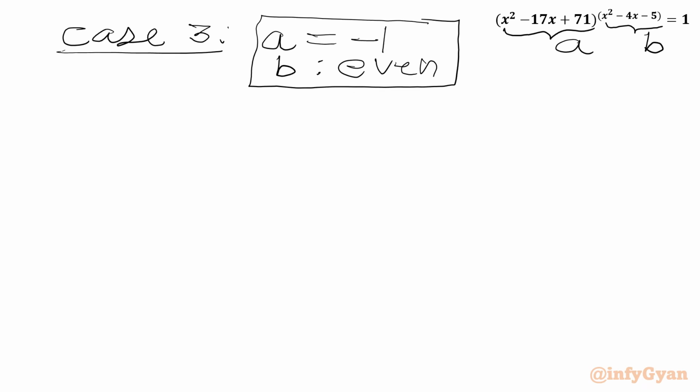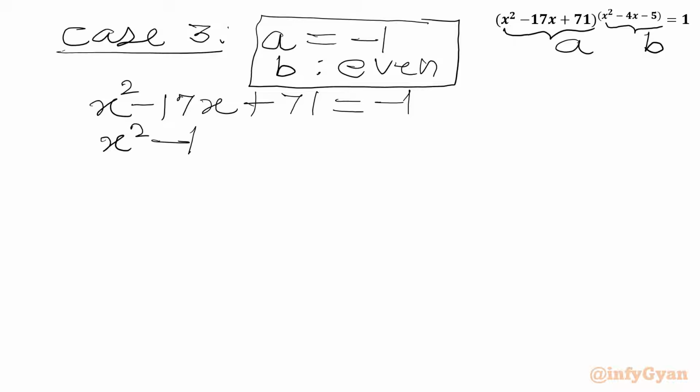So I will put a equal to negative 1. x square minus 17x plus 71 equal to negative 1. Add 1 to both sides. We will get x square minus 17x plus 72 equal to 0.